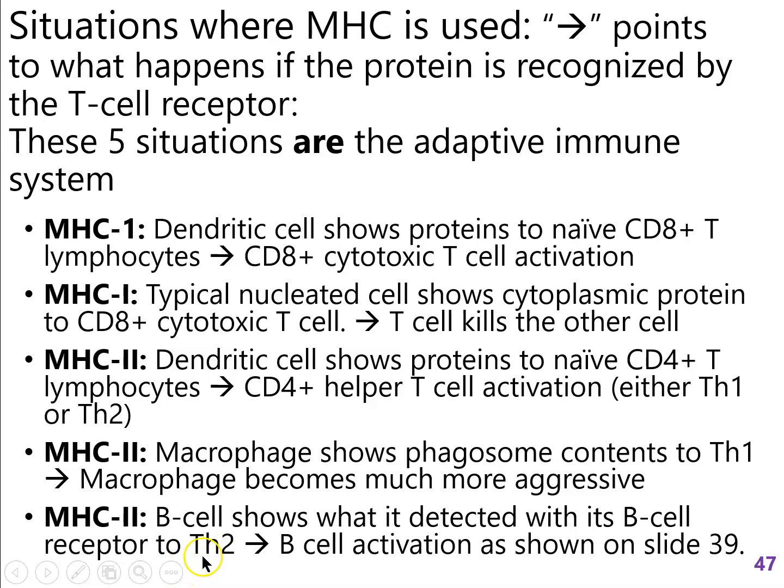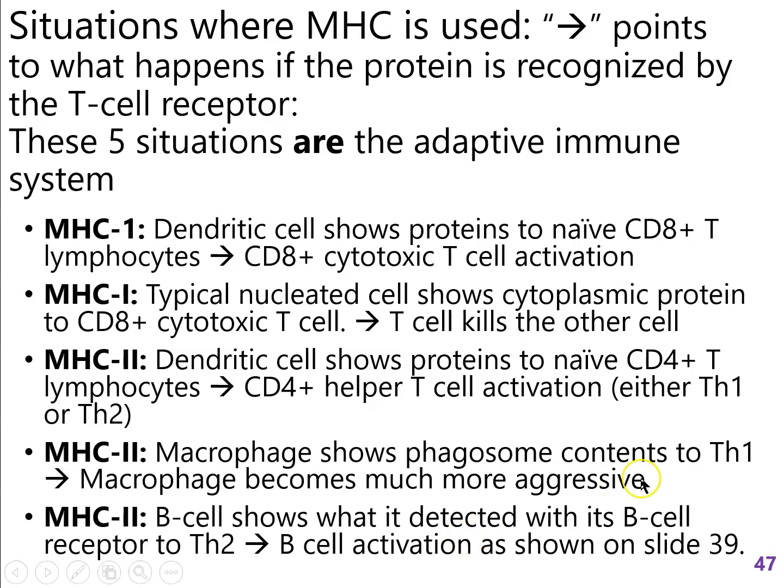And if that helper T cell is seeing on that MHC2 the only thing its T cell receptor is good for, then it knows that B cell has found the thing that is infecting the body. That is, that helper T cell knows that that B cell is the right B cell to make antibodies against the thing that is infecting the body. So it will send signals to the B cell to send it through full-blown activation.